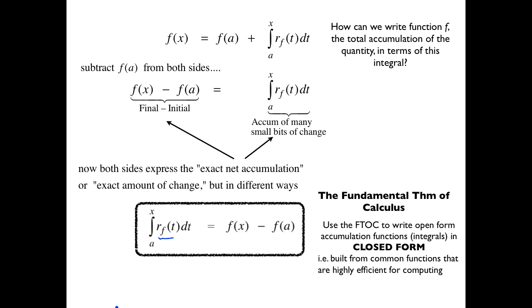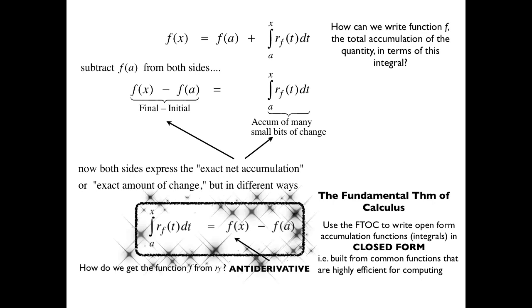Let's say it the other way around. If you had f, how would you get the rate of change of f? Derivative, right? So if you have the rate of change of f, how will we get f? Antiderivative. Antiderivative is going to be our key to finding closed form accumulation functions. f is the antiderivative of the rate of change of f.